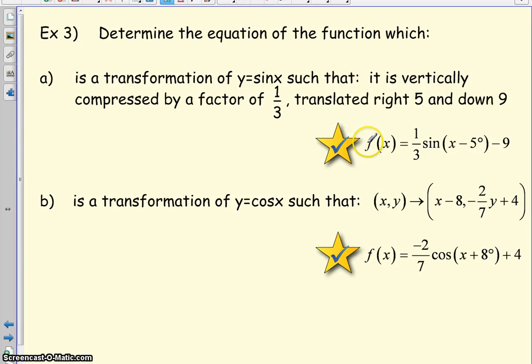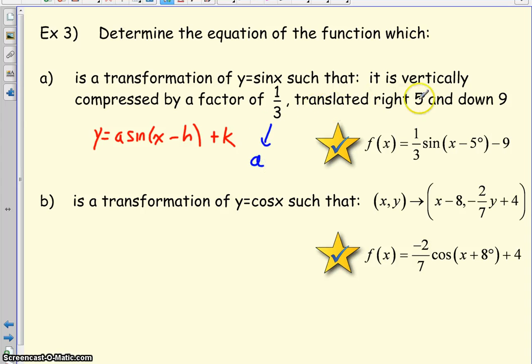So again, we're looking at a transformation of y = sin x here. Remember that our basic form is going to be y = a sin(x - h) + k. And again, if we can figure out what a, h, and k are, we have our transformed function. So we're vertically compressed by a factor of 1/3. There's no mention of a reflection, so that means the a value stays positive, so a is equal to 1/3.